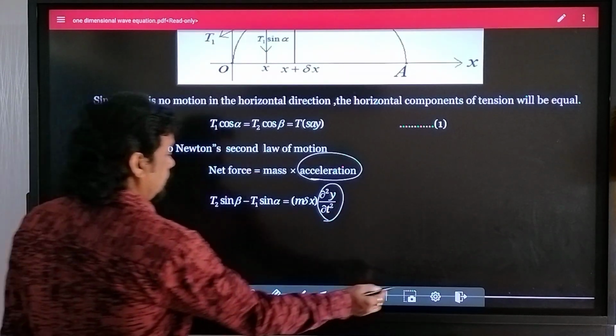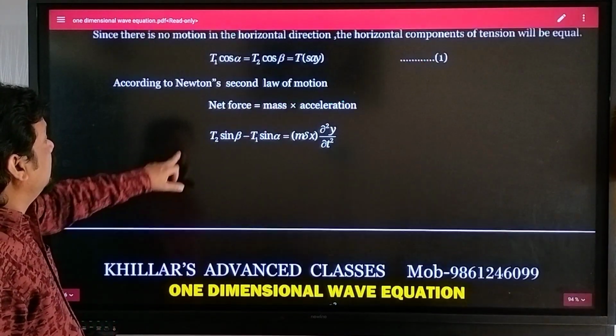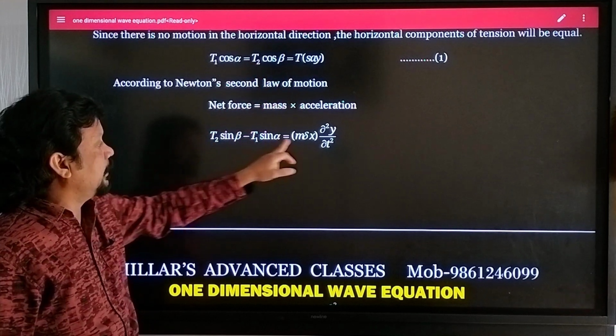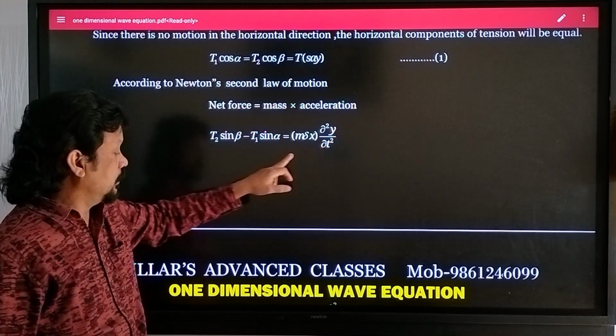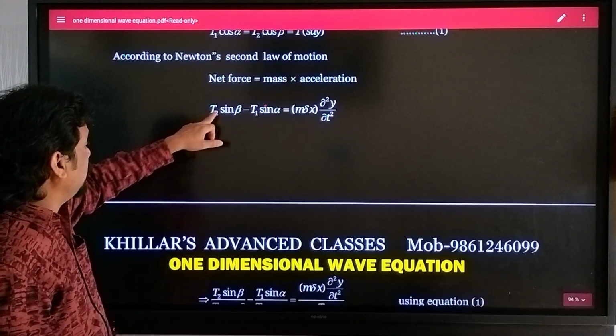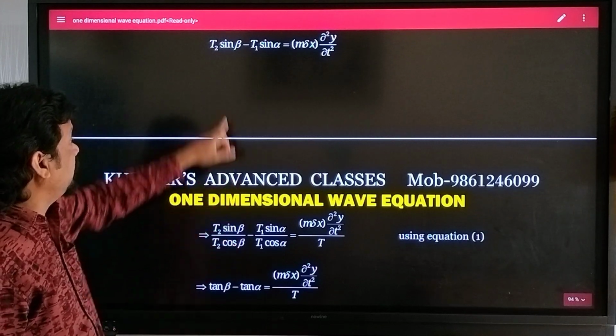Okay, so I have taken T1 cos alpha is equal to T2 cos beta is equal to T. So I am dividing by T on both sides, LHS and RHS. In place of T, in the first term I have taken T2 cos beta, because T2 is there.